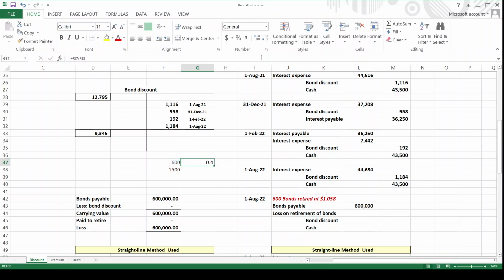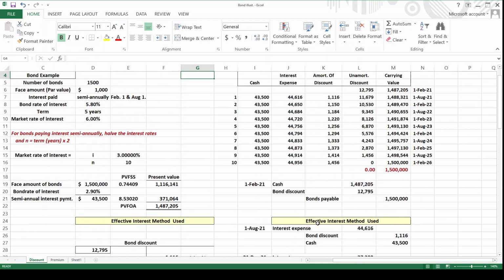40%. We are retiring 40% of the bonds. So if we're going to make 40% of the bonds disappear, we want 40% of the bond discount to also go with it. All right, so what is the bond discount on August 1st, 22, after you've made that third interest payment?